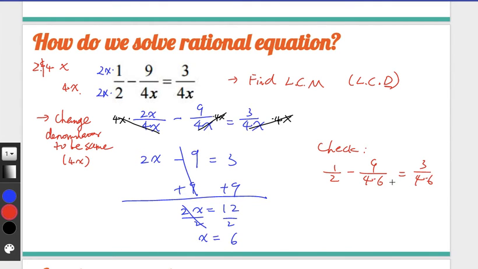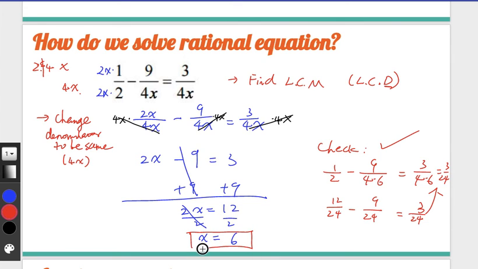Let's check. 4 times 6 is going to be 24, over 9. And this one, I'm going to change to something over 24. So if I subtract, it is 3 over 24, which is exactly this, 3 over 24. So same. Even though this is a fraction, we know the left side equals the right side, so we know this is going to be a solution.